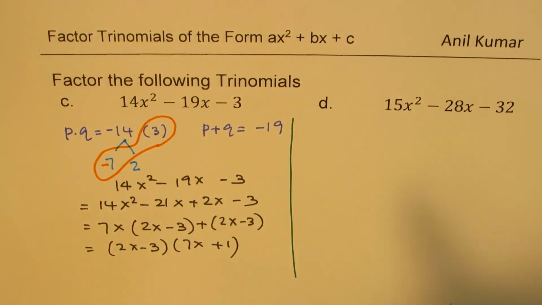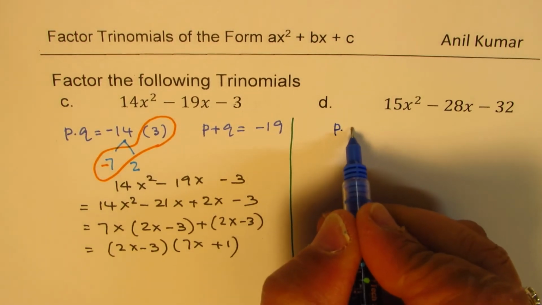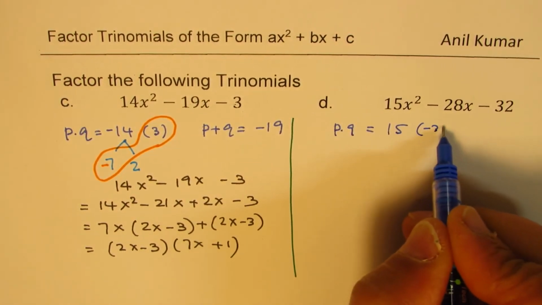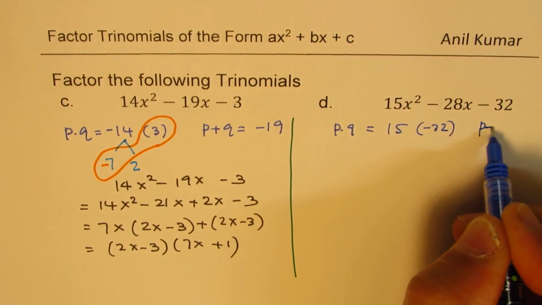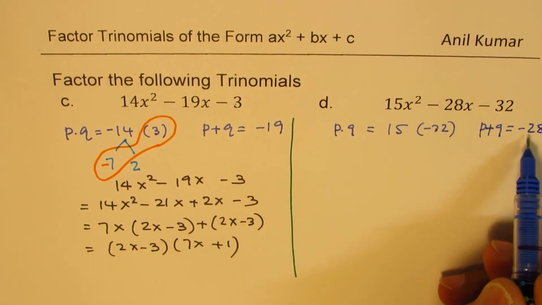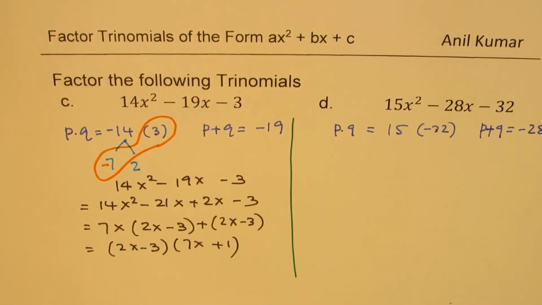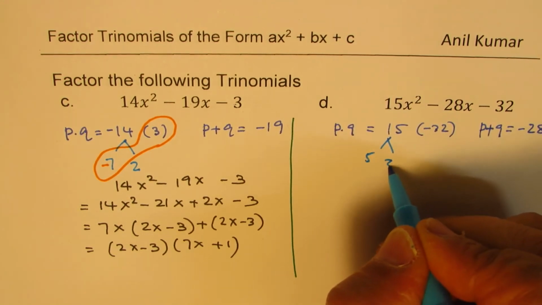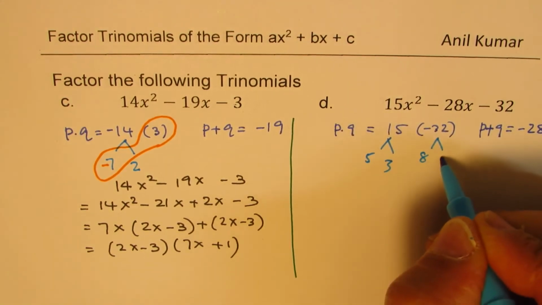Again, let's practice this. So we're looking for the product of two numbers to be 15 times minus 32, right? And we're looking for the sum of these two numbers to be minus 28. The bigger number is negative. Okay. So 15 could be written as 5 times 3. 32 could be written as 8 times 4.